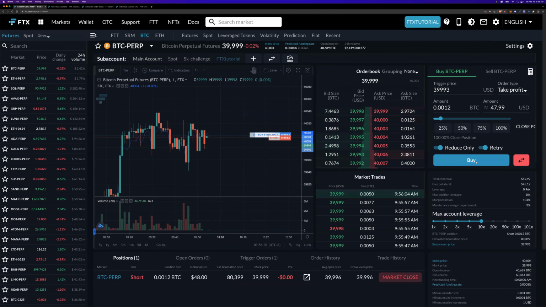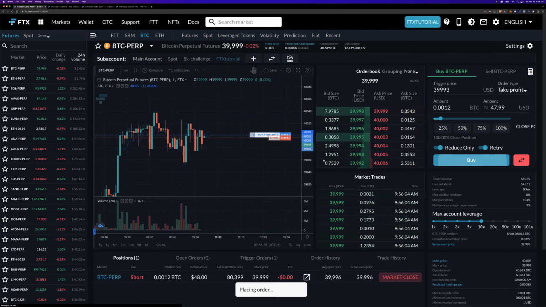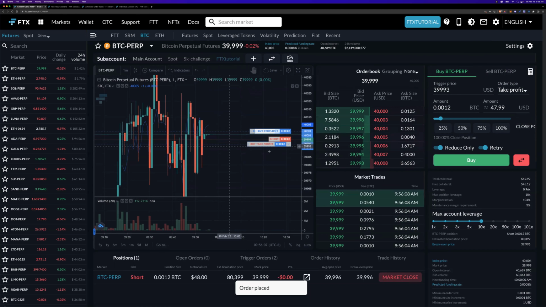Okay, so we're saying get me out of my position at 39,993, and now there's my take profit. Now remember, again, this order is also a market order. That means it may not trigger until prices go lower than that, or possibly spike even higher than that. It will try to get you out at market.